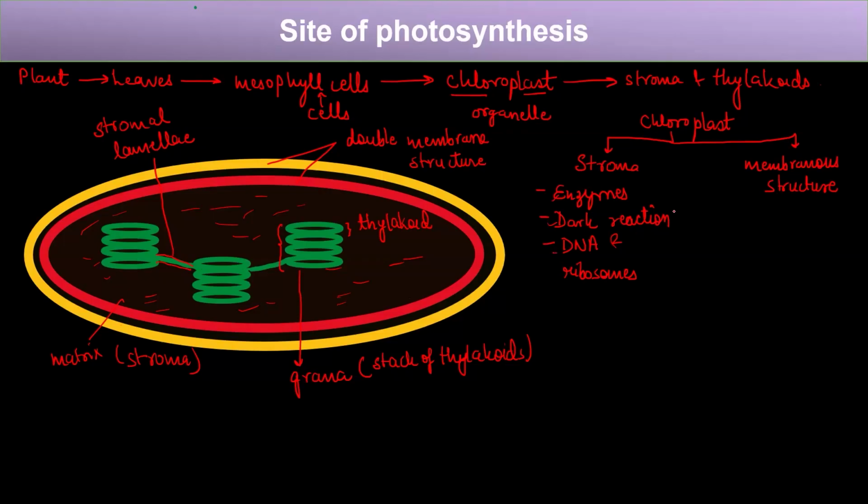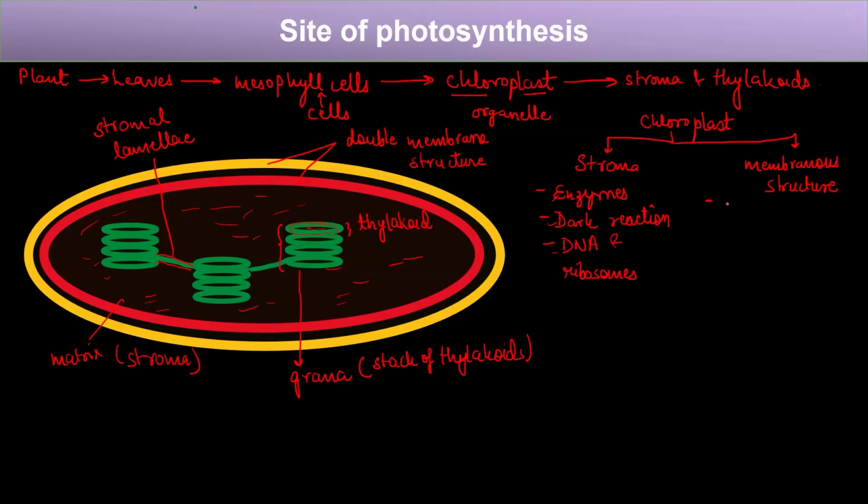Now, what do we have in the membranous system? If you look at it, we have the thylakoid here. Thylakoid has its membrane, and inside it has the lumen.